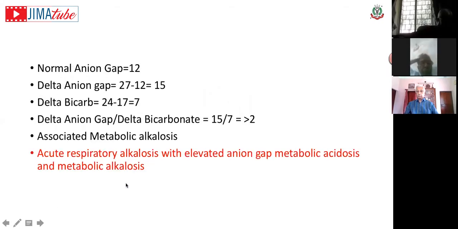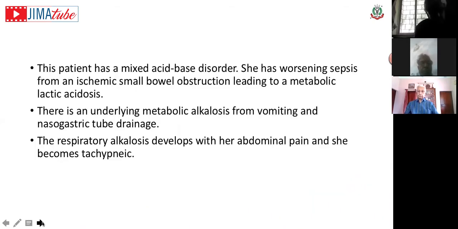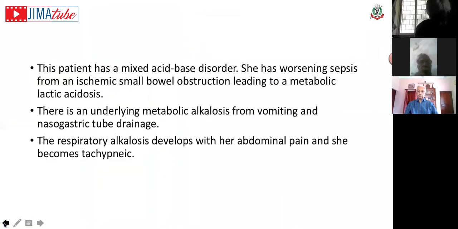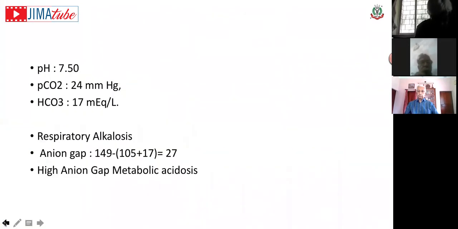So once we get the numbers, you need to analyze these numbers in a better way. And you have to come back to your patient, try to fit the abnormalities that you have found to the patient's condition, and then try to correct those conditions. Okay, again, can we use this strong ion difference to simplify the whole thing?